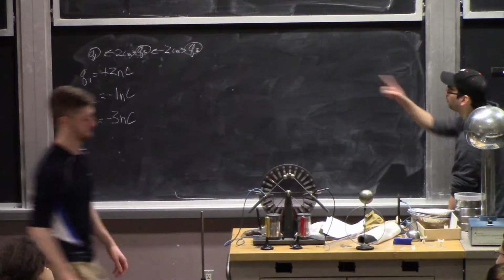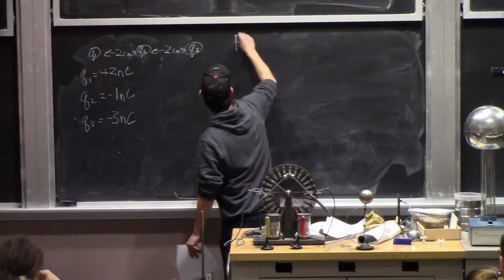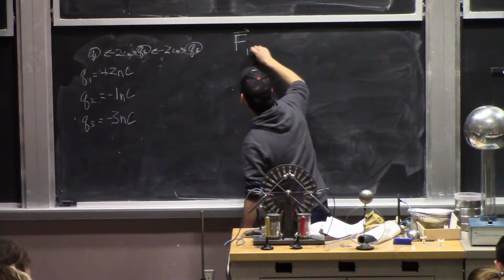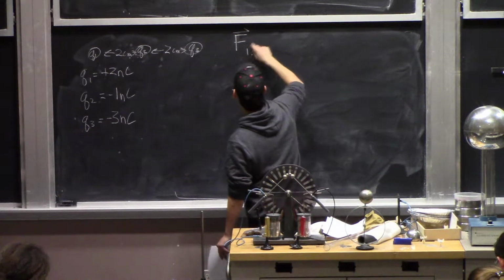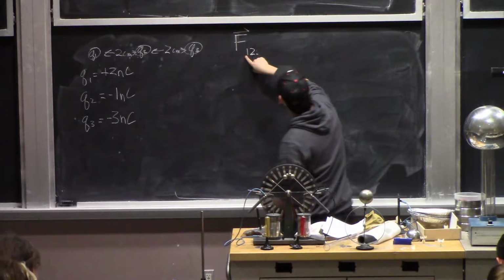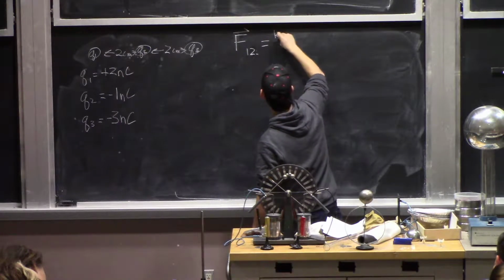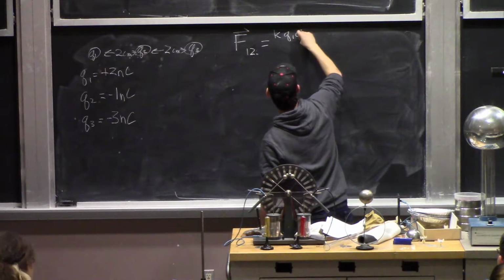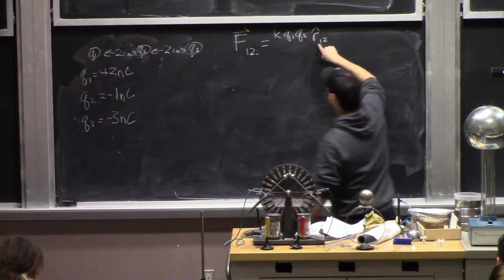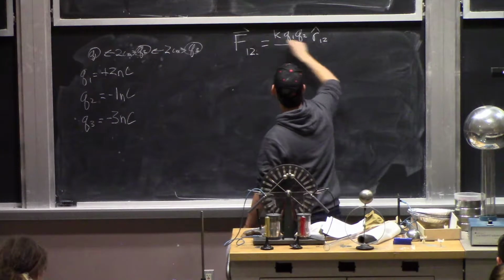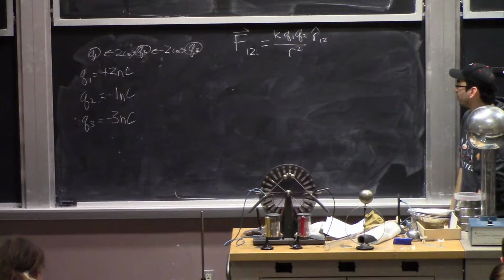So we want to find what the force is on Q2. So let's first start by writing down Coulomb's law. Like I said, I'm going to be doing this in method 2, but you can equivalently do this with method 1. So the force that charge Q1 exerts on Q2 is equal to K Q1 Q2 times the unit vector that points from R1 to R2, divided by the distance between R1 and R2.